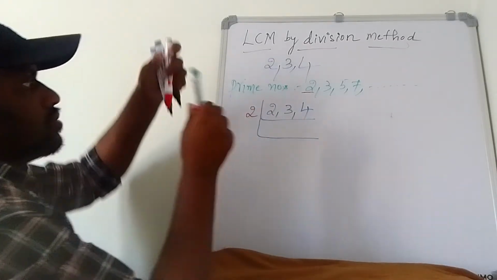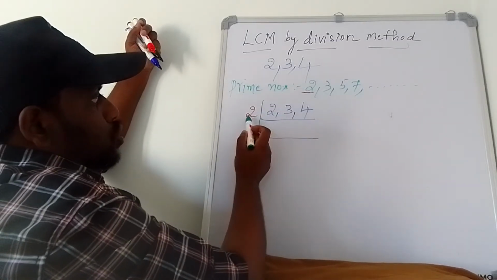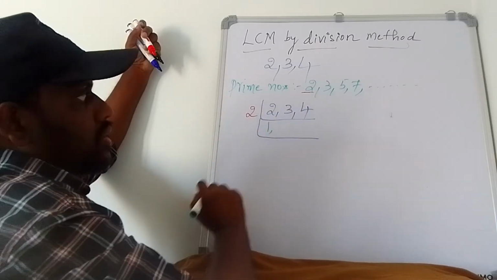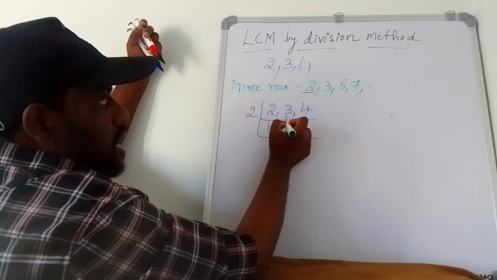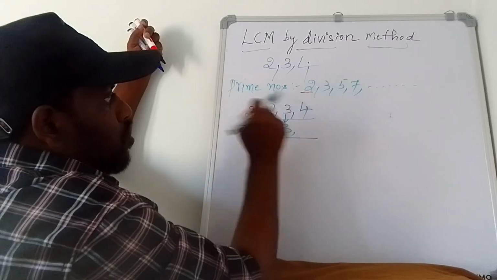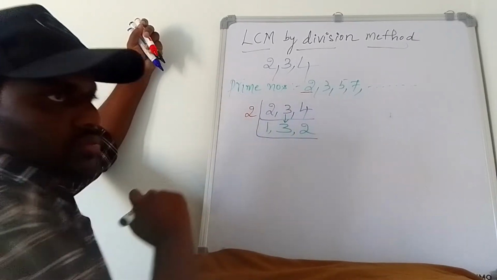Now see, this 2 ones are 2. Next, this 3 cannot be divided by this 2 completely, so I am taking it as it is, 3. Next, 4: 2 2s are 4.